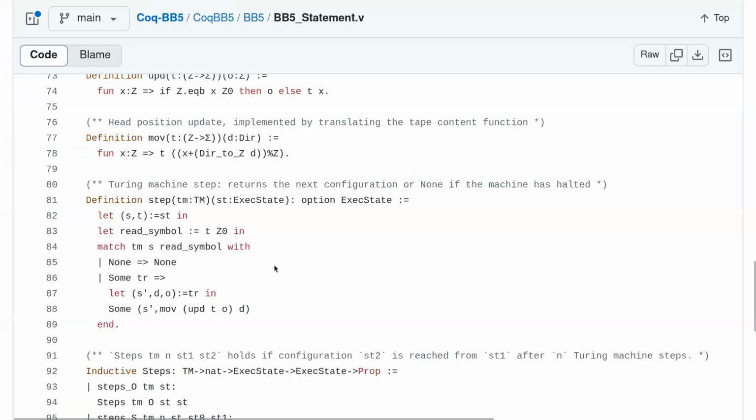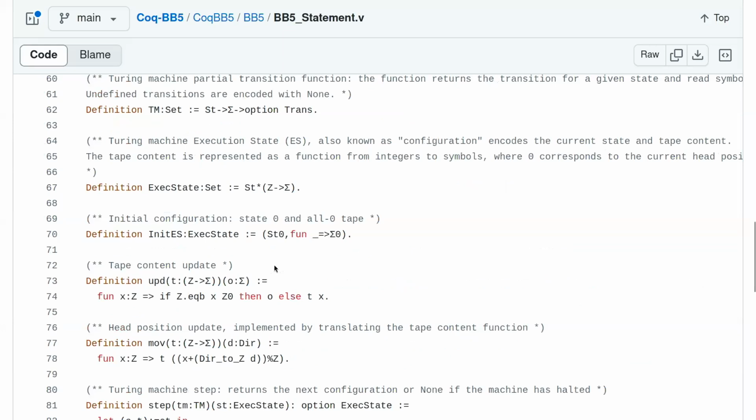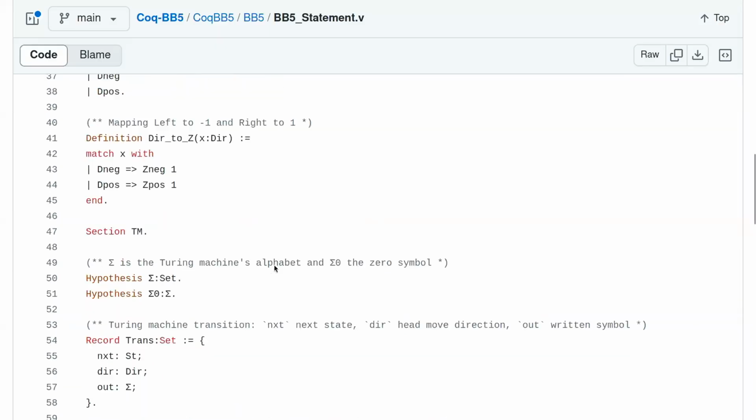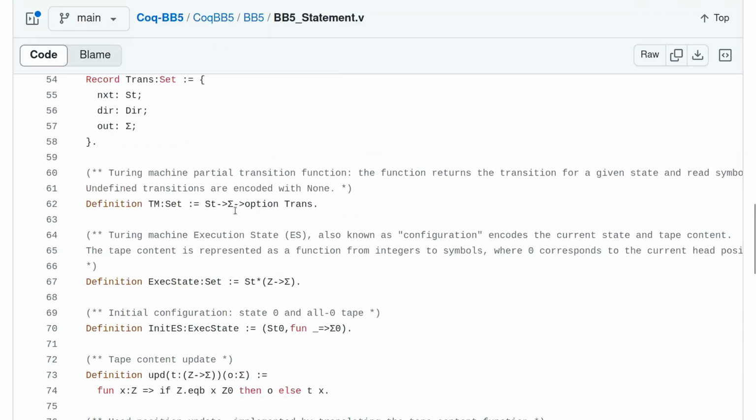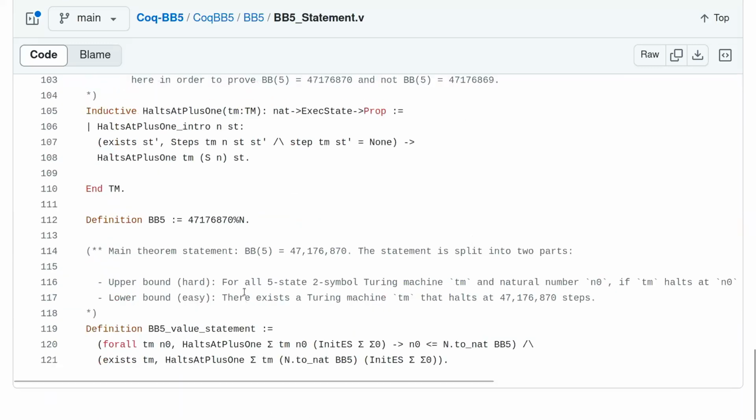And you can see that, for instance, just the definition of a Turing machine is very transparent, where we say a Turing machine takes a state as input, a symbol, and it will reply a transition, or none if it's not defined. And the statement per se is written here. It's saying that for all Turing machines, if it halts at time step n0, then n0 is less than or equal to BB5. And there exists a machine that achieves that bound.